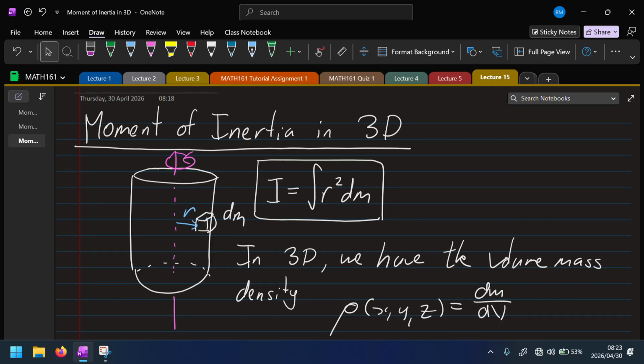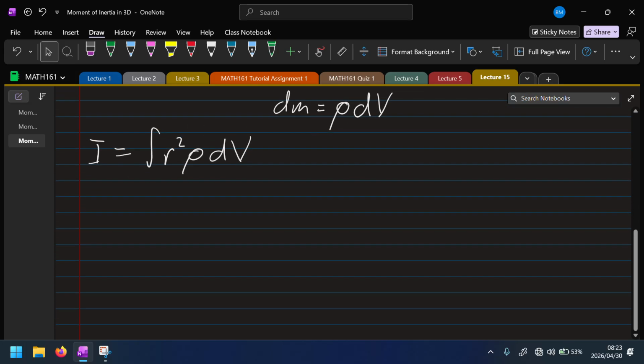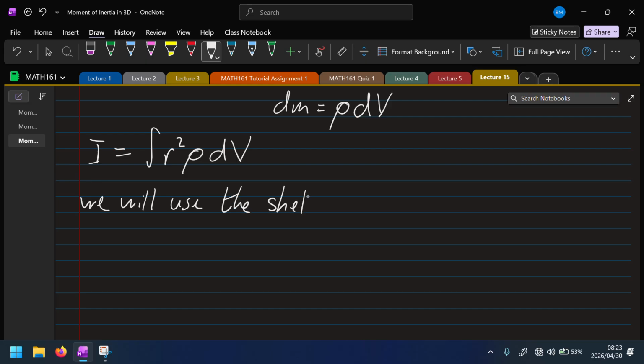Shell, exactly. Because we're going to have the mass going around in a radius. If the little dm goes around in a circle for this 3D shape, it makes a shell. So we're going to use the shell method.